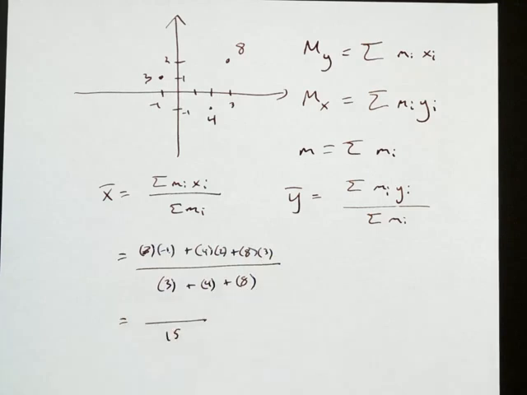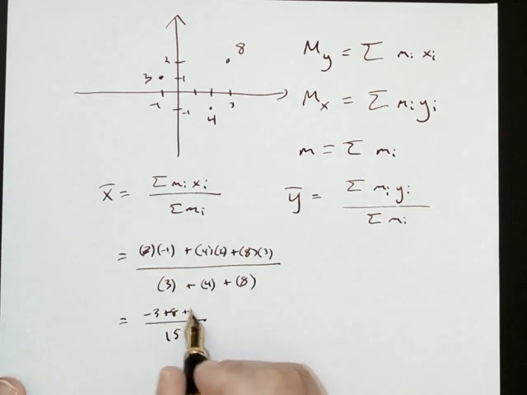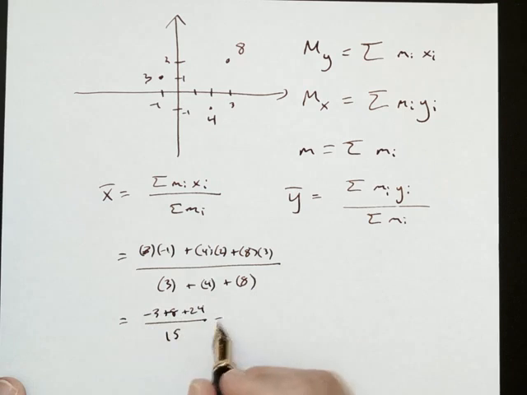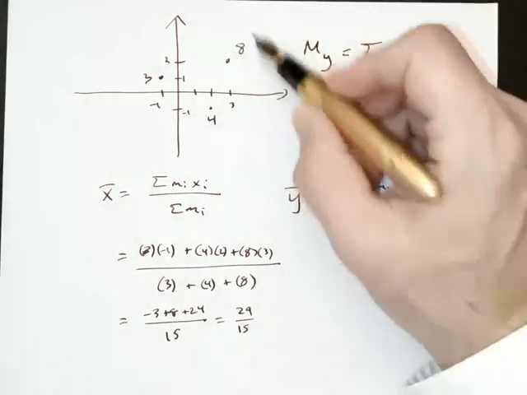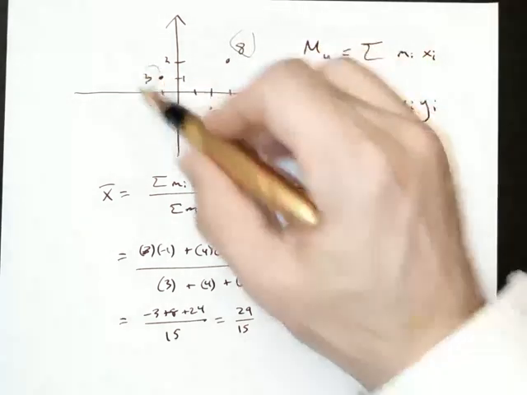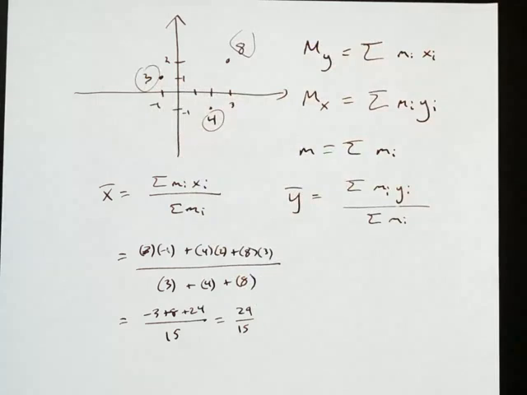What's the top? 32 minus 3 is 29, which is just a little bit shy of 2, right? Yes. How are you getting an 8, 4, 3? Those are the weights associated to each spot. I had to give them to you in the problem. That's why I set it up that way.